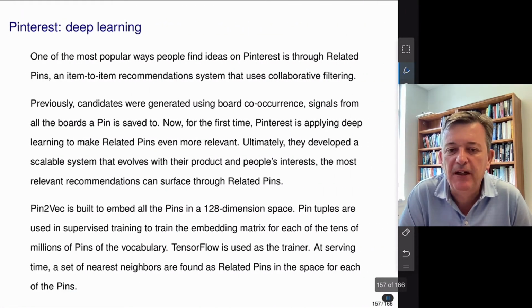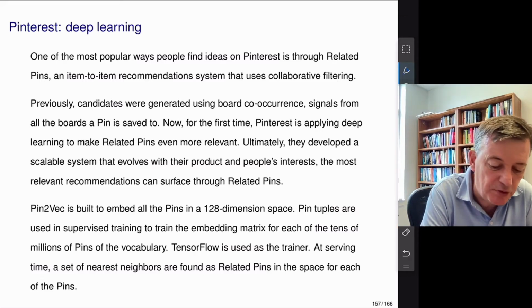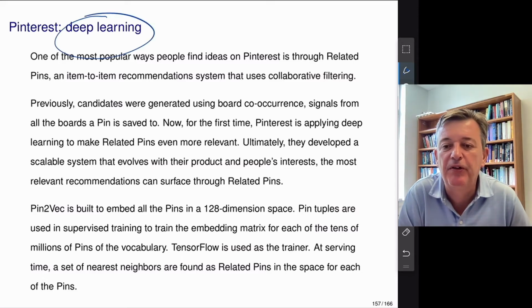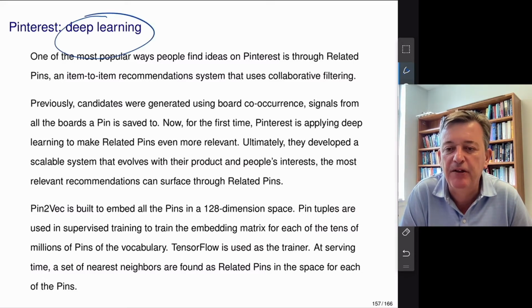Okay, let me finish with a couple more business examples. Pinterest is a big company, and what's interesting to me there is that it was one of the first that wanted to get into deep learning recommender systems. One of the original applications of AI was just recommender systems.